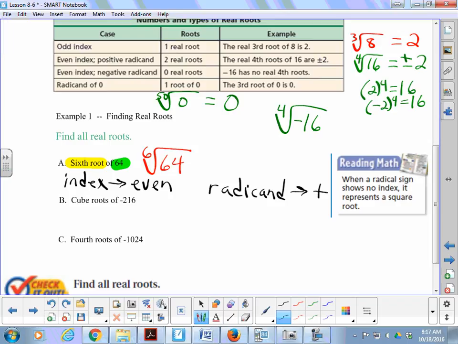If we have an even index and a positive radicand, then we're looking at this one right here, which means we're going to have 2 real roots. So when I do the sixth root of 64, I get 2, but in this case we're talking about plus or minus 2 because we have an even index and a positive radicand.